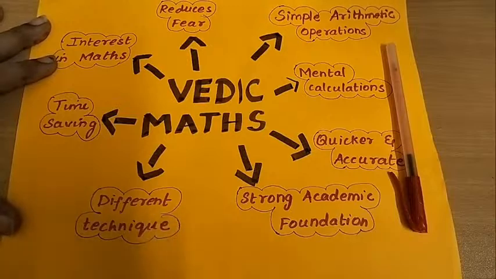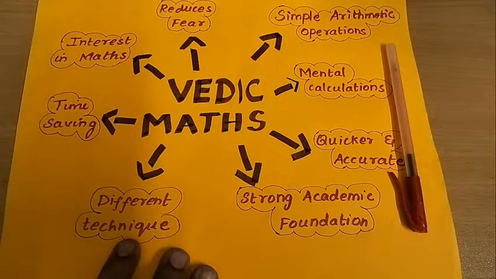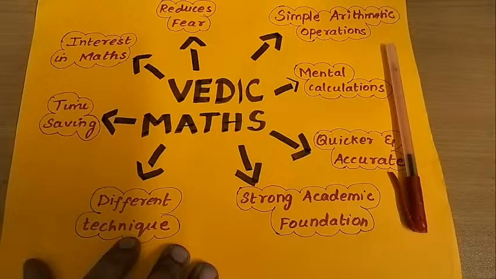So in very little time we can finish many of these sums. Compared to the normal maths procedure, the tricks used will reduce the time in finishing the calculation and create interest in learning more such tricks.